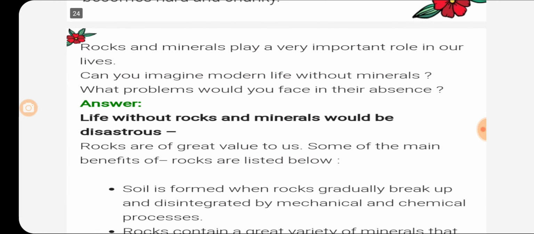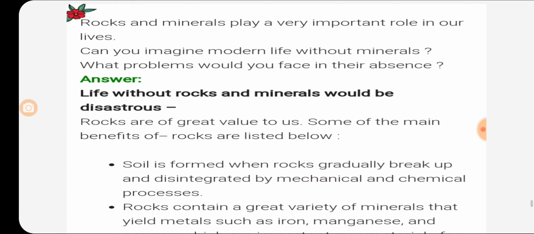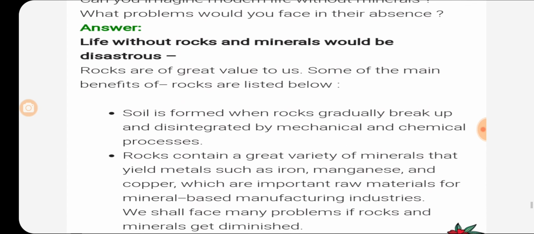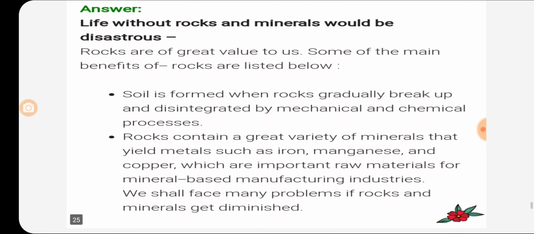Alright. Now students, our next question is, rocks and minerals play a very important role in our life. Can you imagine modern life without minerals? What problems would you face if there is absence? Life without rocks and minerals would be dangerous. Rocks are of great value to us.